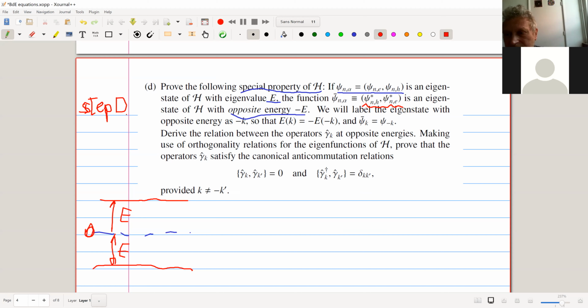Basically we need to do two things: prove this property, and then derive the relation for operators gamma at opposite energies.